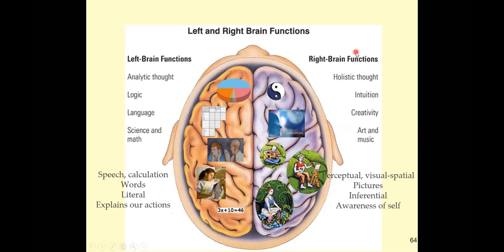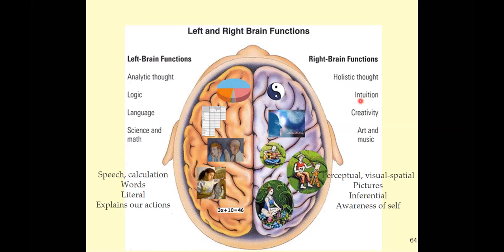Now, the right side of the brain tends to work in holistic thinking. So rather than looking at the details, it sees the big picture, and therefore may be responsible for intuition.